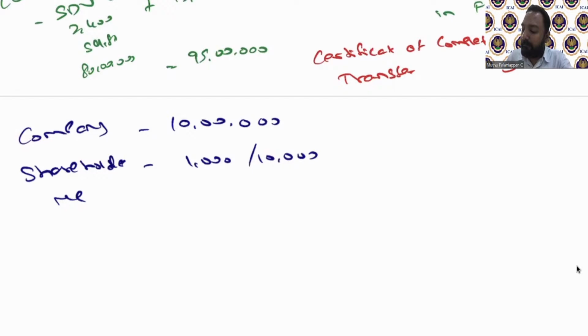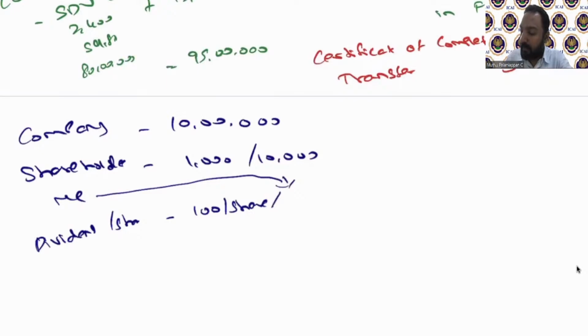Dividend per share will be 100 rupees per share, right? So what will I be receiving? 1,000 shares into 100 is 1 lakh. I will receive 1 lakh. This 1 lakh, if I receive it, will be treated under income from other sources.